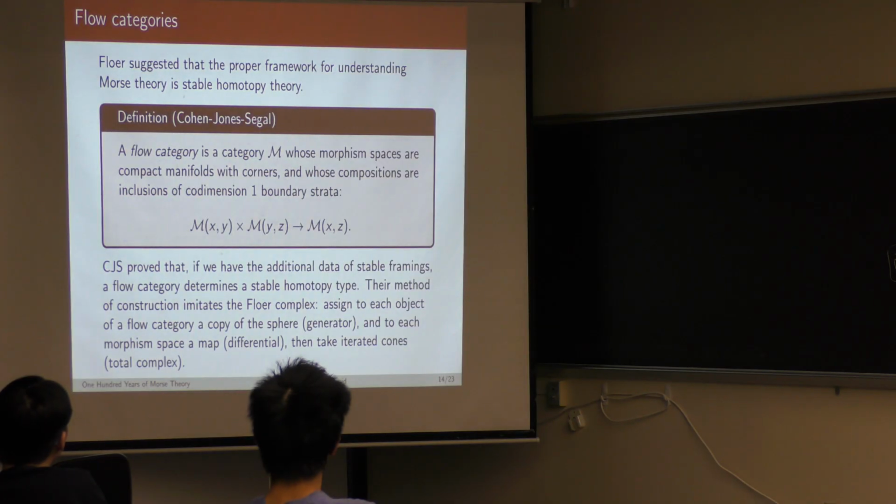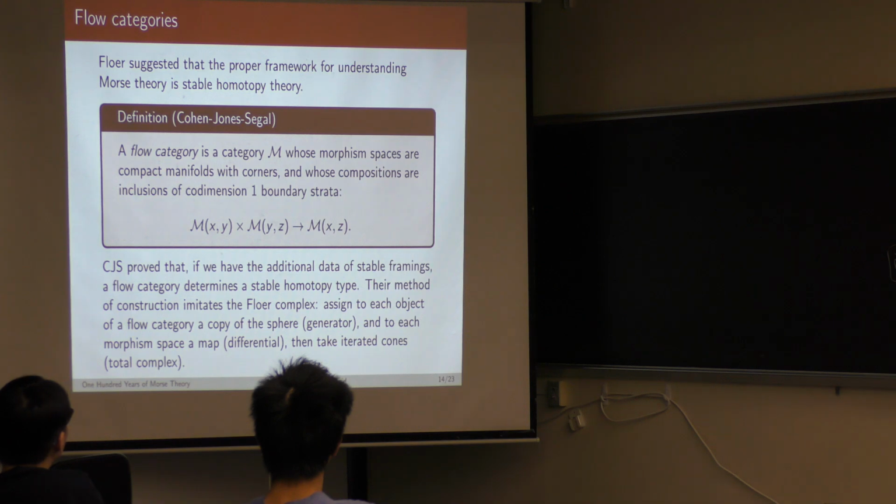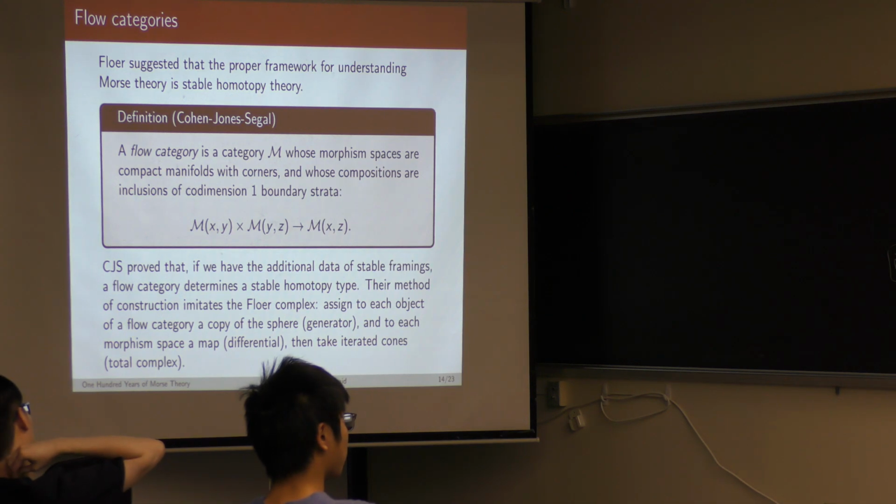Okay, so now comes the first piece of information, which is probably new to most of you. This is a definition due to Cohen, Jones, and Segal. What did they try to do? They took the proposal of Floer and tried to make some precise mathematics out of it.